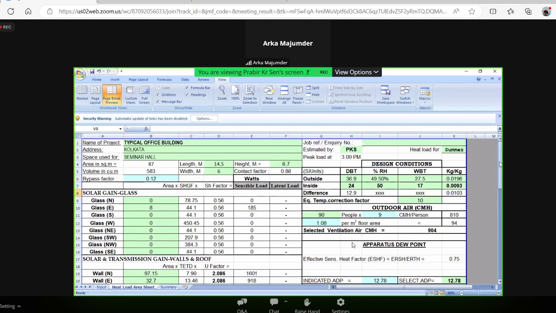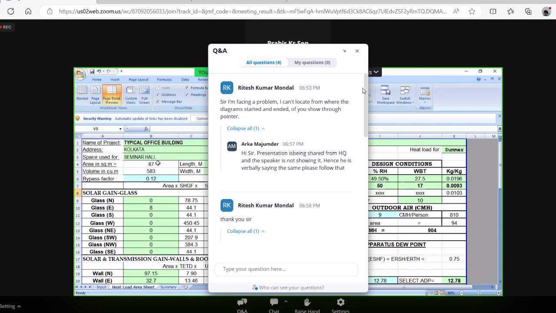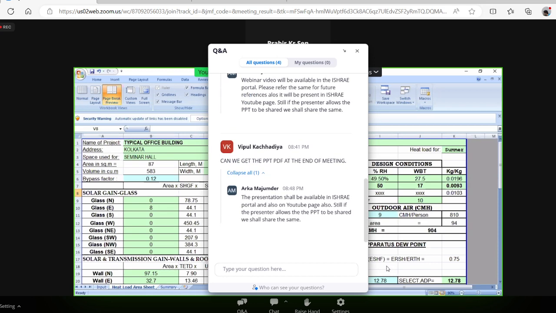Yes, it's better. This is the heat load calculation Excel sheet. This is an orthodox method, but I think you all should use it for some time to strengthen your knowledge before you go to the software. So here, typical office building, Kolkata, a seminar hall: length and width, multiply, get the area.